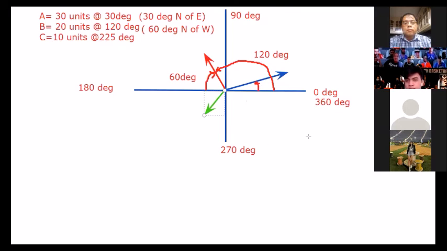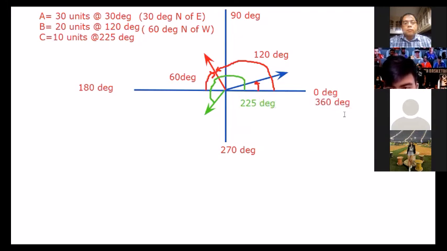So 225, guys, is measured from 0. That's basically your 225.